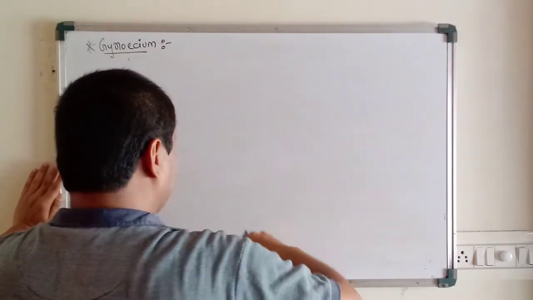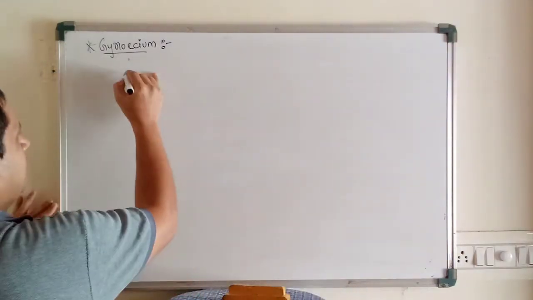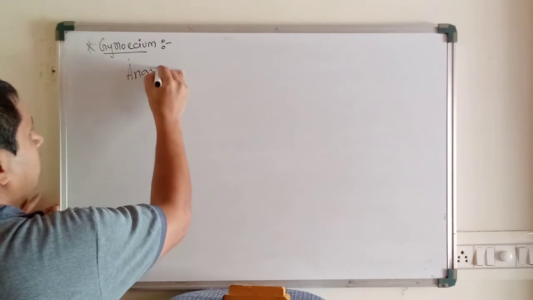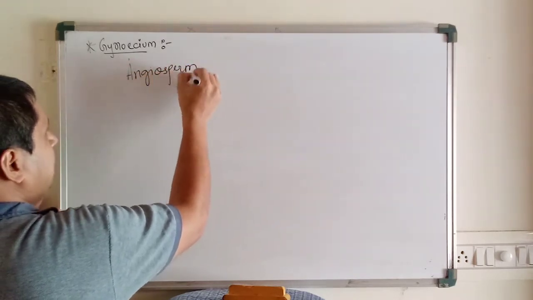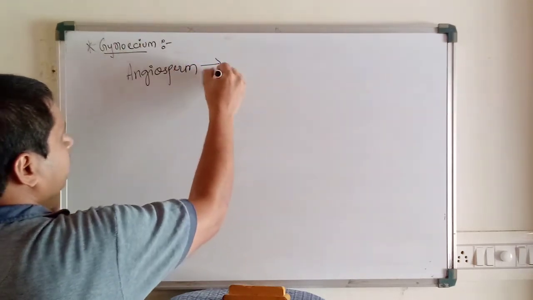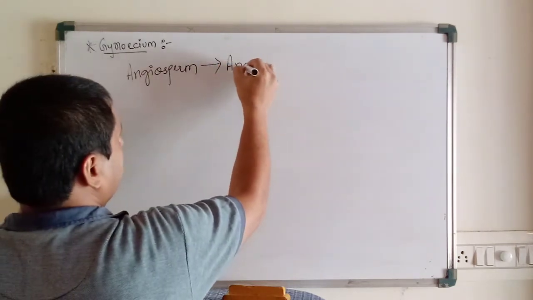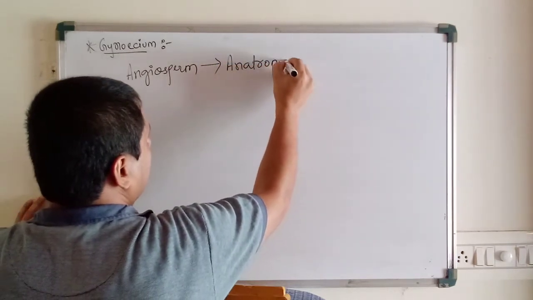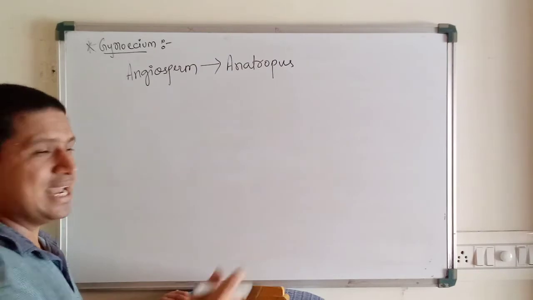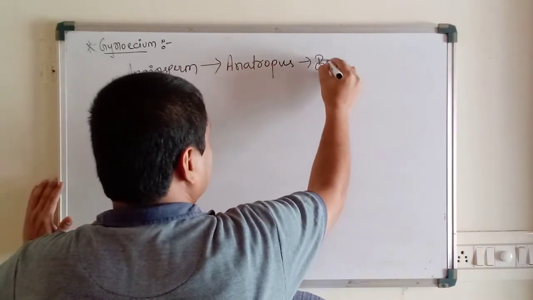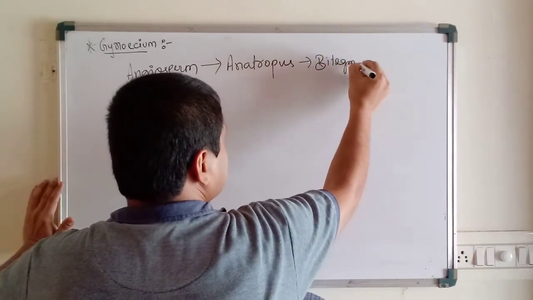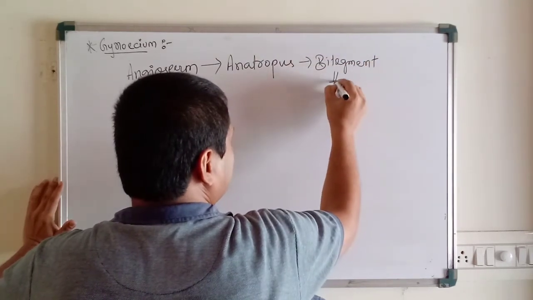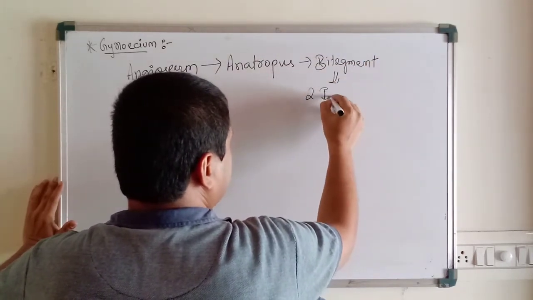Now, if we take the example of the angiosperm, the most common type of angiosperm ovule is the anatropous. This anatropous is bitegmic, or bitegmental. Bitegmic means two integuments.